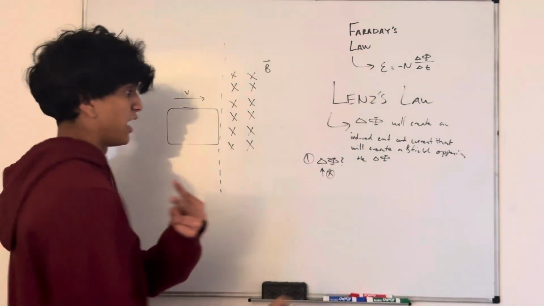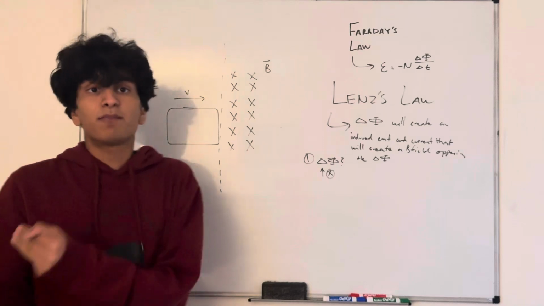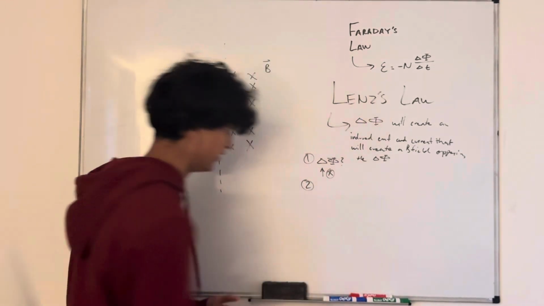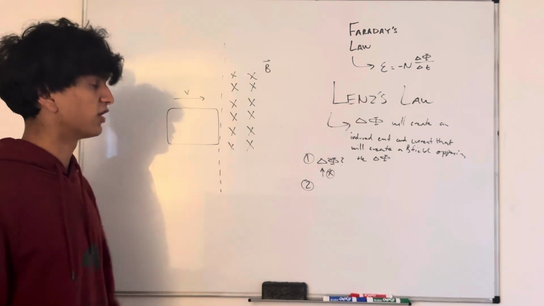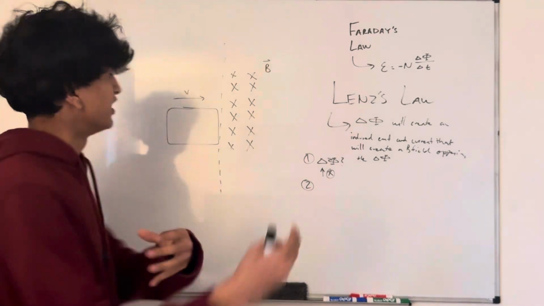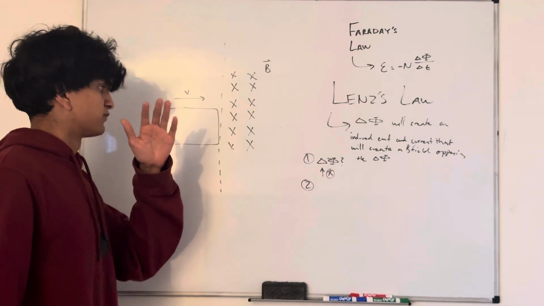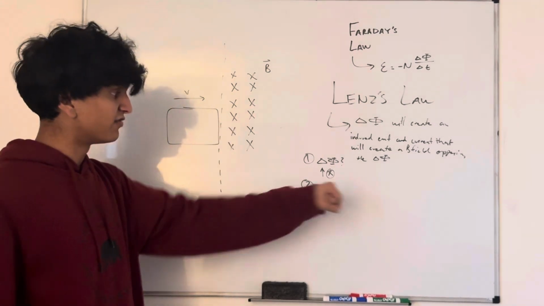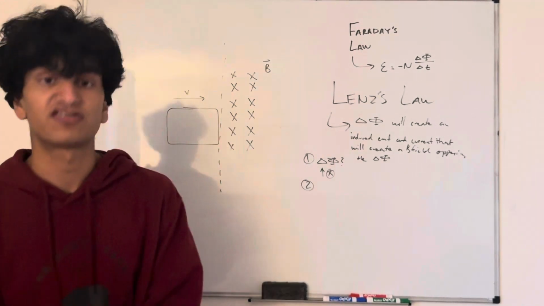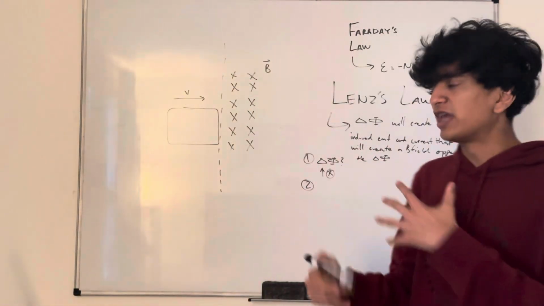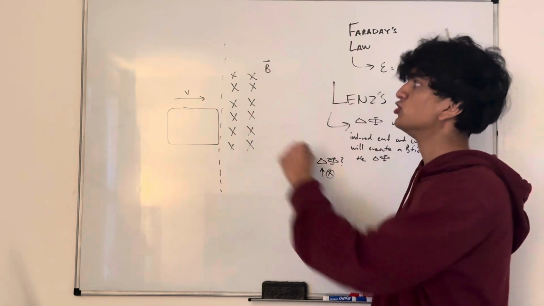The second step is to find what needs to oppose that. To oppose the change in flux, you need less flux going into the page. You gain flux going into the page, so you want less flux going into the page. How do you get that? Well, you can't physically reduce the magnetic field.